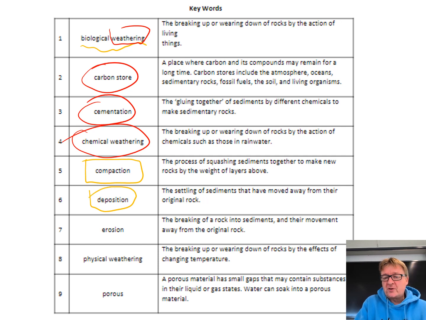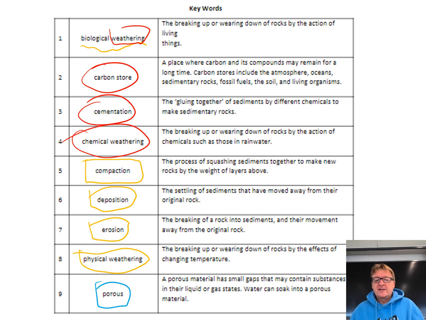The breaking of rocks into sediments and their movement away from the original rock is erosion. Physical weathering is the breaking up by changing temperature. Porous material has small gaps that may contain substances in their liquid or gaseous state. Water can soak into them, a bit like a sponge.